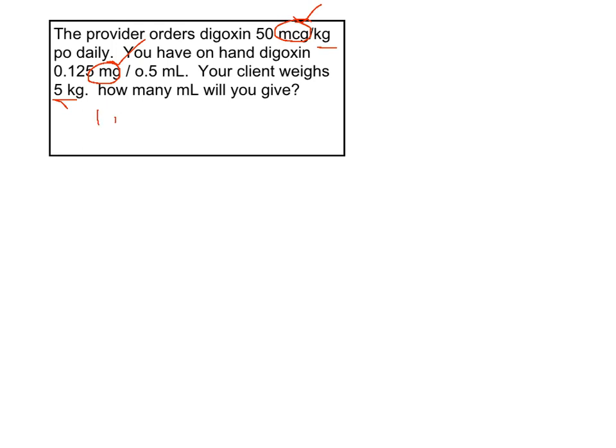So you're going to have some of these things memorized, but basically 1 microgram is equal to 0.001 milligrams. And what the doctor has ordered is 50 micrograms. So how many milligrams is that?